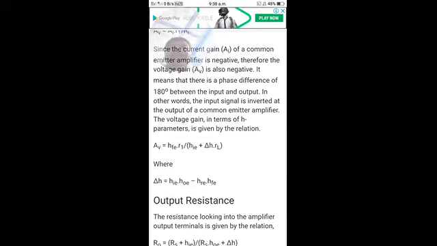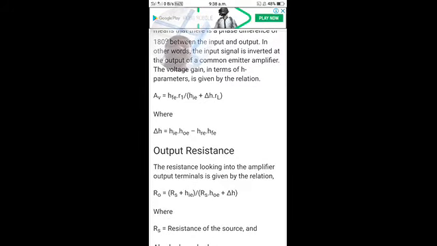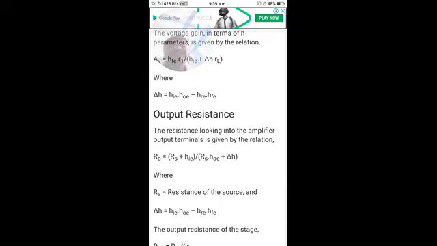We can simplify the formula by using delta H, where delta H is HIE into HOE minus HRE HFE. Similarly, the output resistance, looking into the amplifier output terminals, is given by R0 equal to RS plus HIE divided by RS plus HOE into delta H, where RS is the resistance of the source.